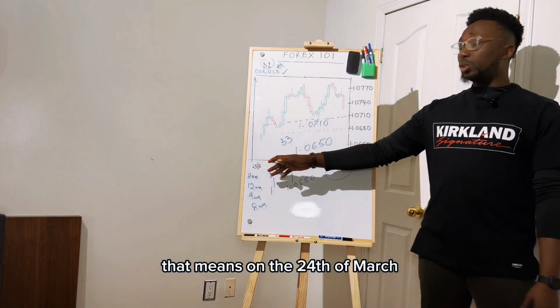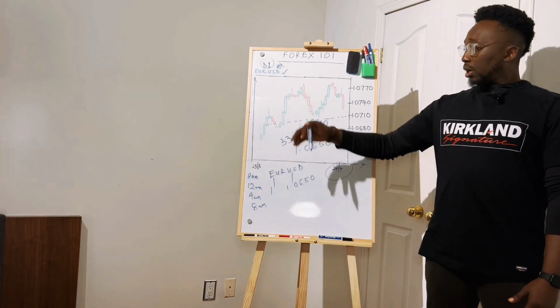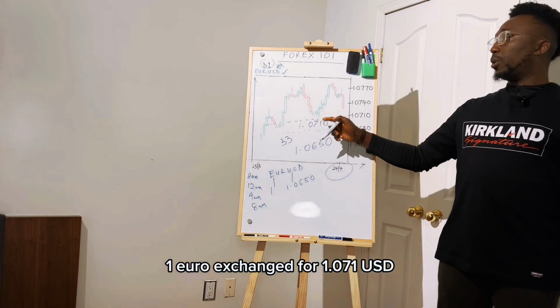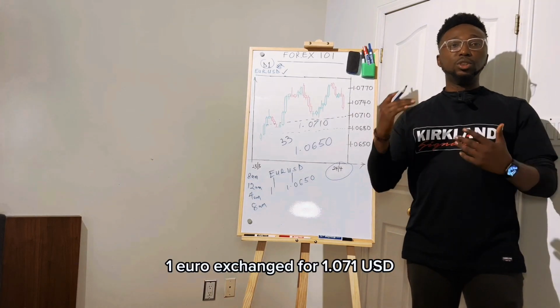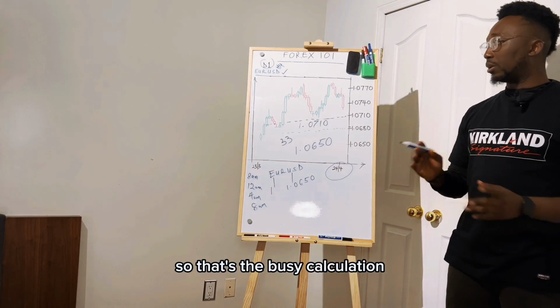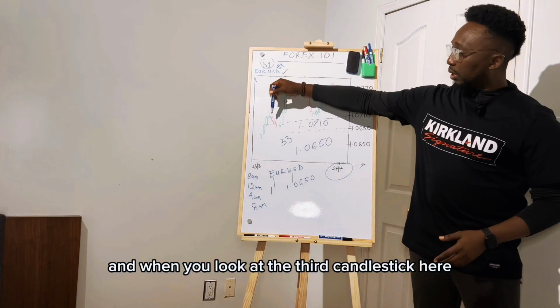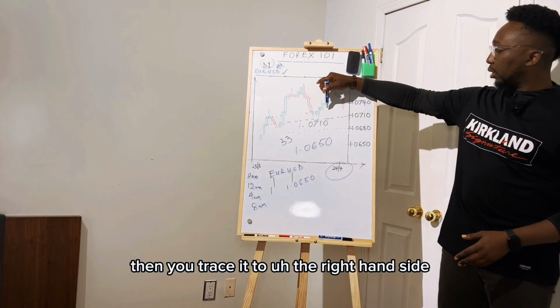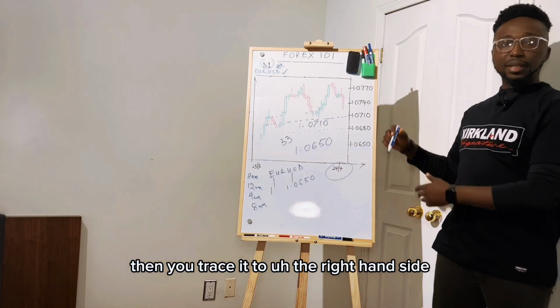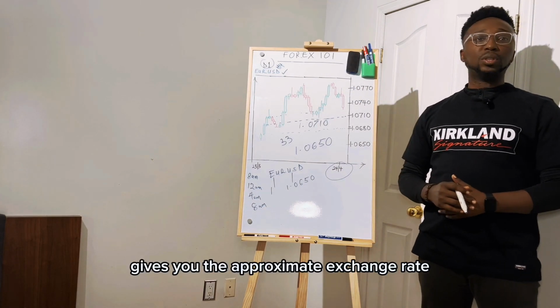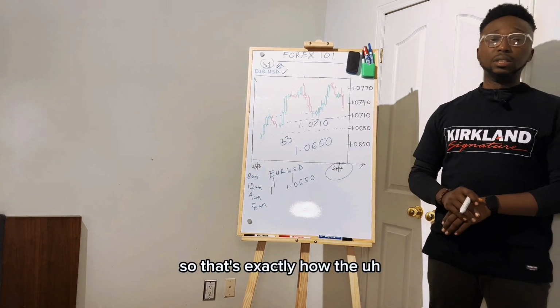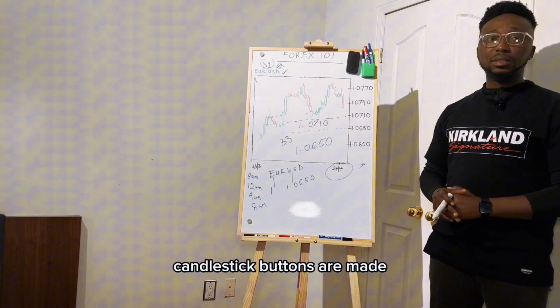That means on the 24th of March, 1 euro exchanged for 1.071 USD. So that's the basic calculation. And when you look at the third candlestick here, you trace it to the right hand side, and it gives you the approximate exchange rate. So that's exactly how the candlestick patterns are read.